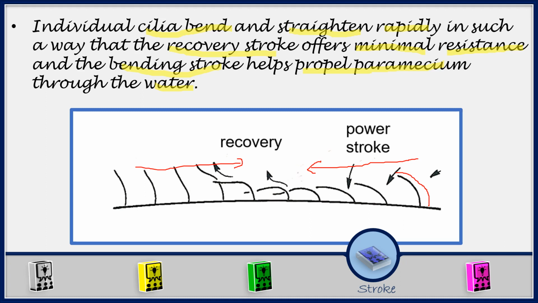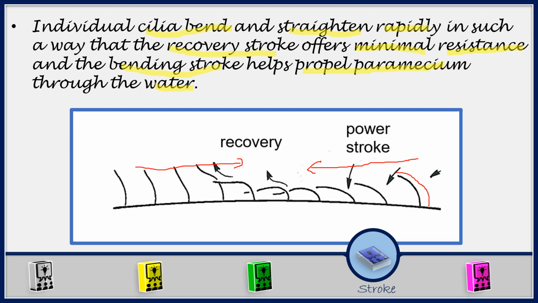So there we are providing a minimum resistance so that the paramecium can easily flow through the water. And then we have the power stroke. When the power stroke is hitting, it is going to push the water. And when it pushes the water, then the paramecium will move.